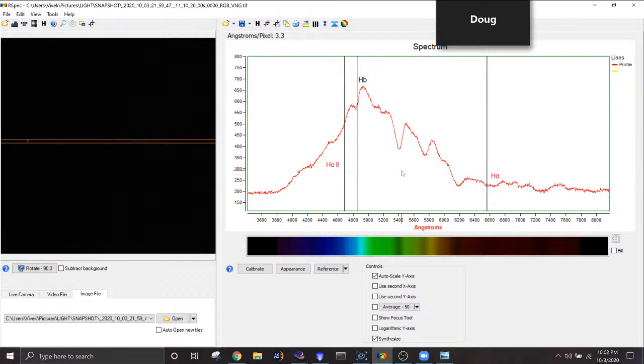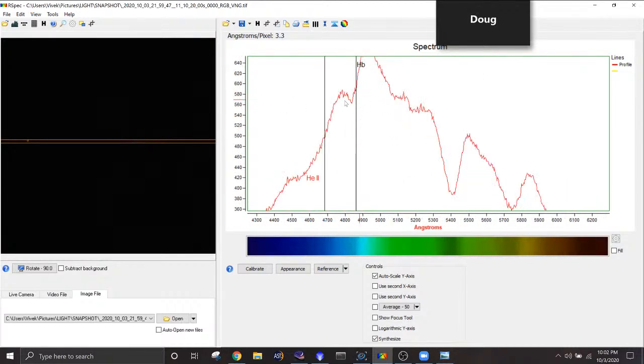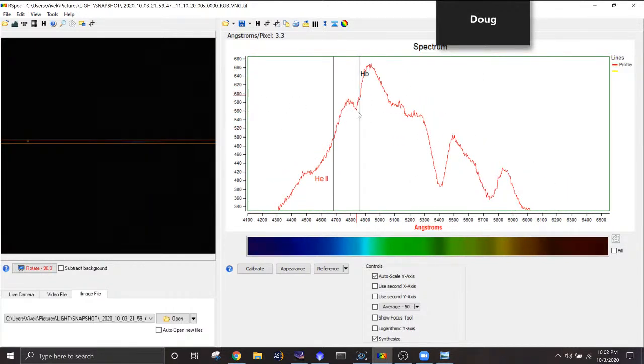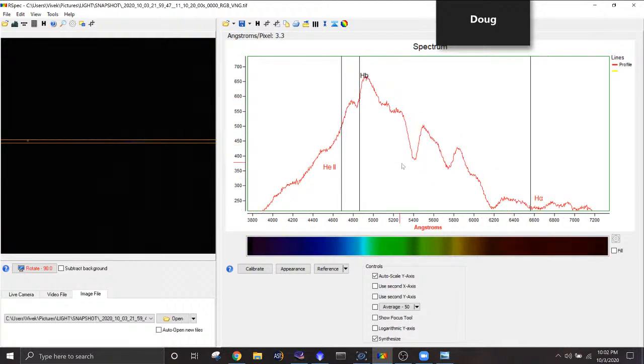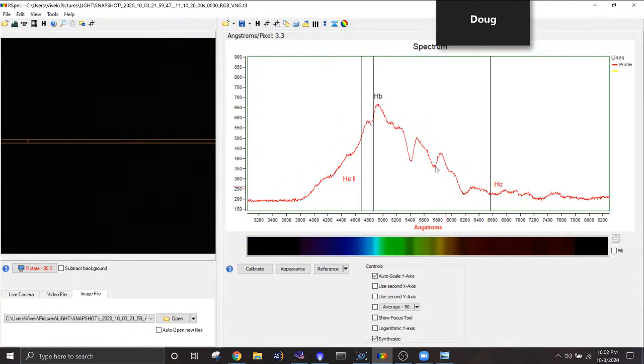Oh yeah, this is the last object. But I guess you can see a hint of hydrogen beta because that's the signature of the sun. But it's mostly dominated by methane because that's what Uranus has got. Just like most gas giants.